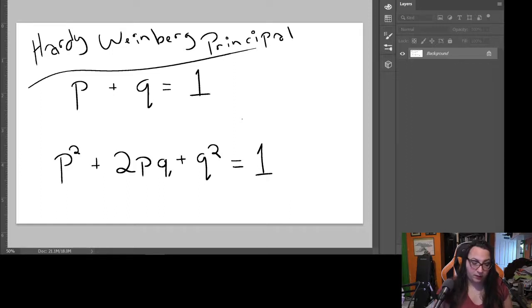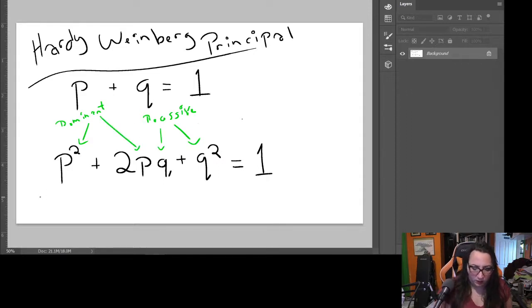So, like I was saying, P is our dominant, and Q is going to be recessive. And we see that down here as well. This is homozygous.